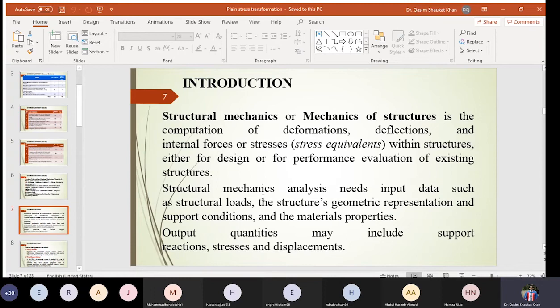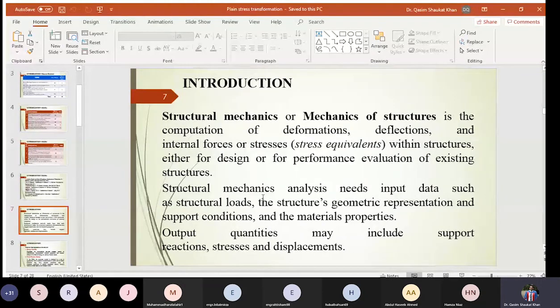Then support conditions. In case of columns, you have pin-ended or hinged columns, fixed-ended columns, or one end fixed and the other end free. In case of beams, you have fixed-ended beams, simply supported beams, or one end fixed and the other end free.